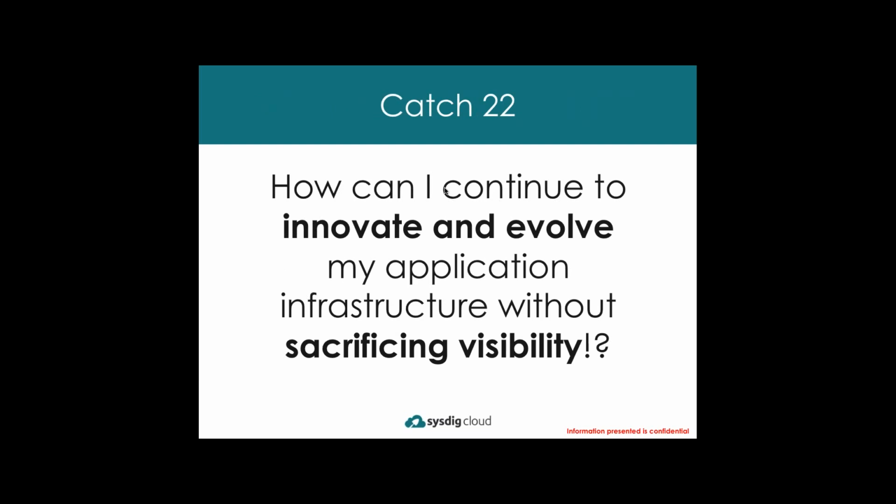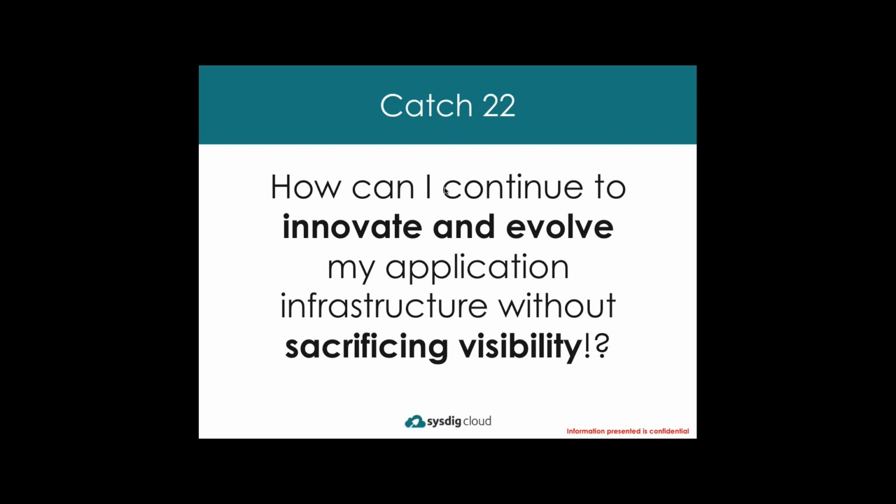So when we looked at all this, we realized that it creates a catch-22, and we've talked to a lot of users who are experiencing this, where you're stuck in a challenge: you want to innovate your infrastructure, you want to evolve towards a microservices-oriented architecture, but it comes at the cost of visibility. And of course, visibility is really important, probably even more now than ever with this extra complexity.